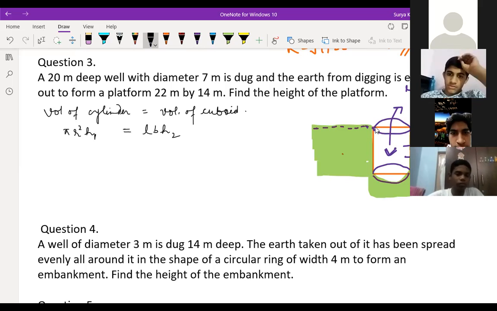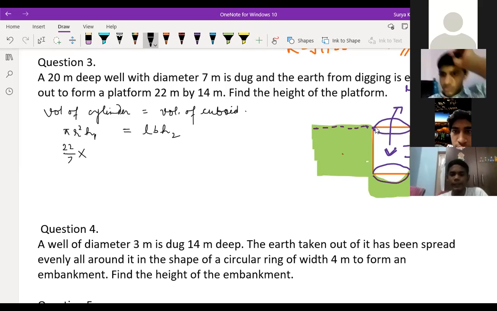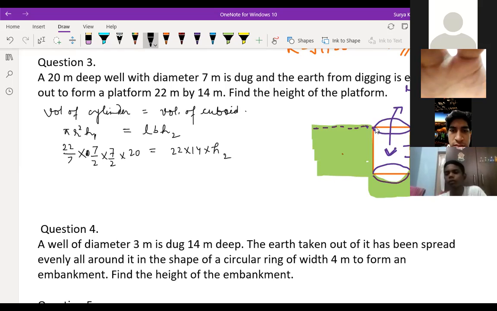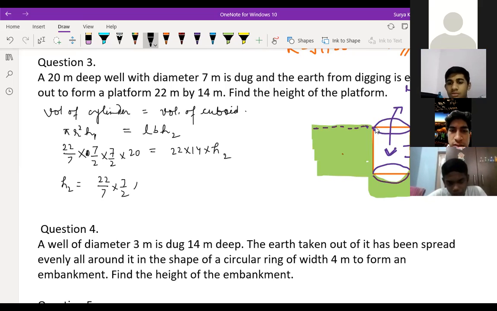Now you have to find h2, right, children? So here pi is 22 by 7. Cylinder height is 20. First you write this: 22 by 7 into 7 by 2 into 7 by 2 into 20 is equal to lbh, 22 into 14 into h2. So h2 is equal to 22 by 7 into 7 by 2 into 7 by 2 into 20.